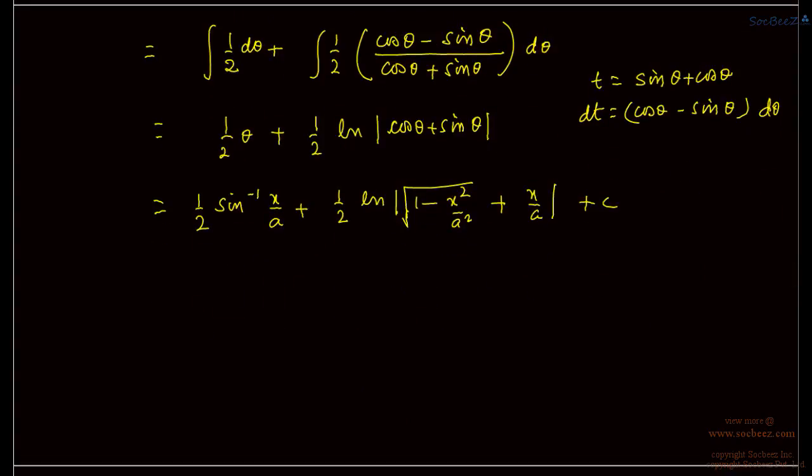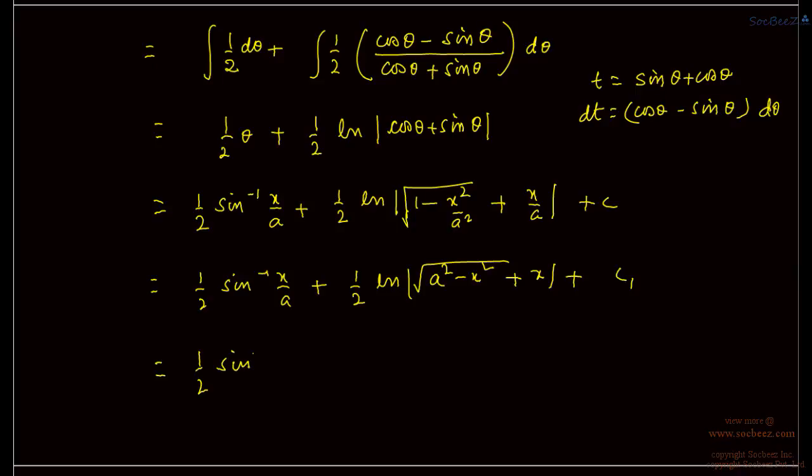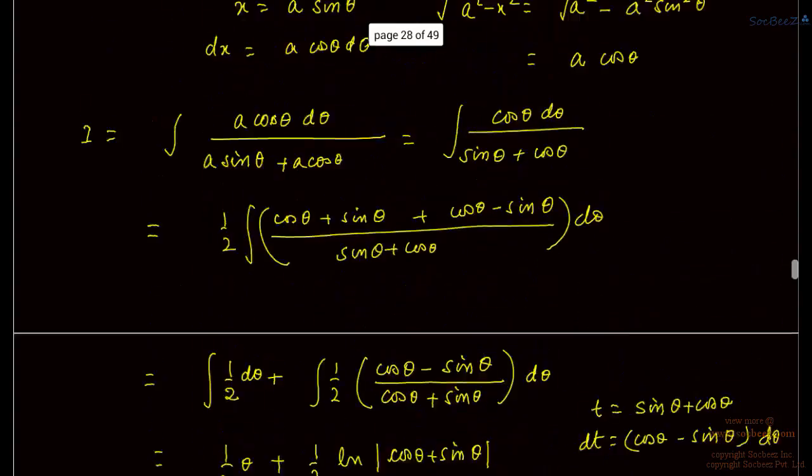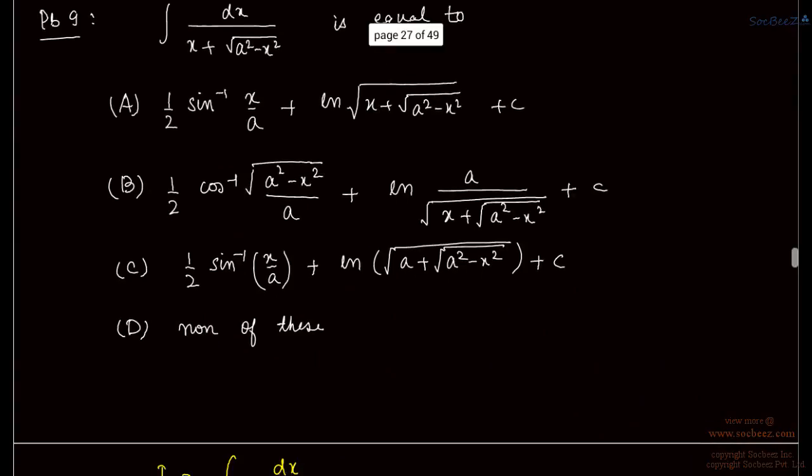Further, if we remove this a in the constant, we have half sin inverse x upon a plus half ln of root under a square minus x square plus x, plus some other constant c1. Okay, and this half can also be eliminated by taking root under x plus a square minus x square plus c1. Okay, so from here if we see, then option C is correct, right?